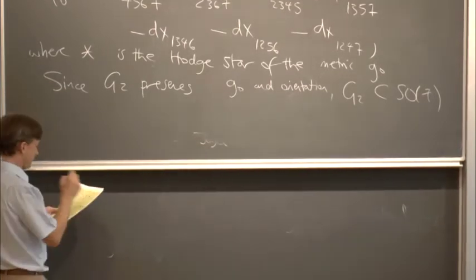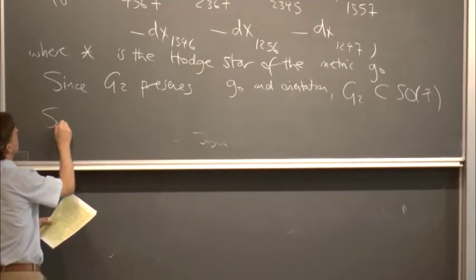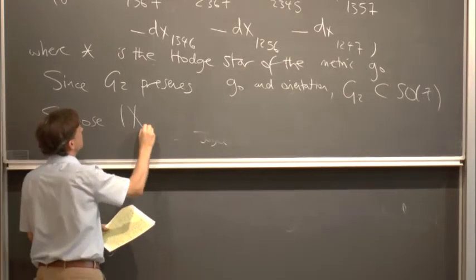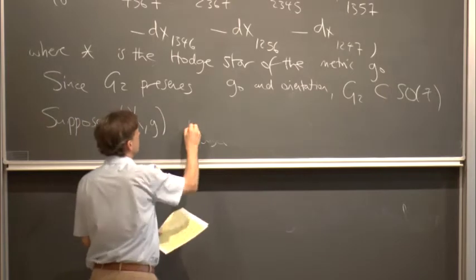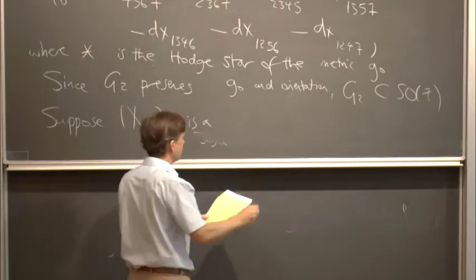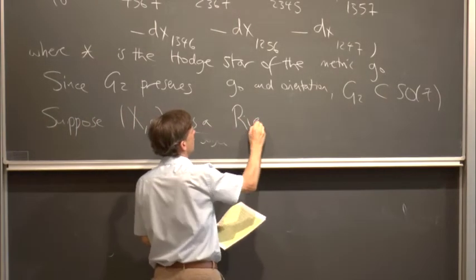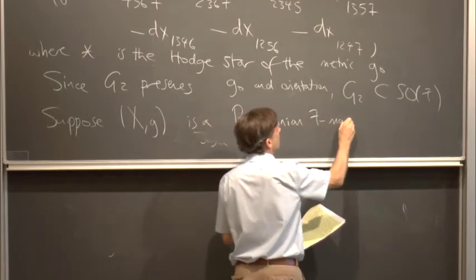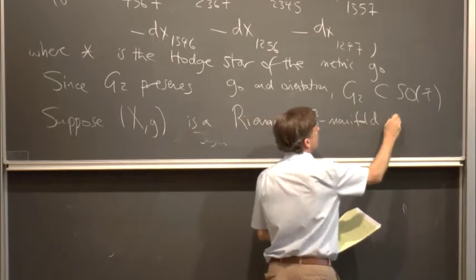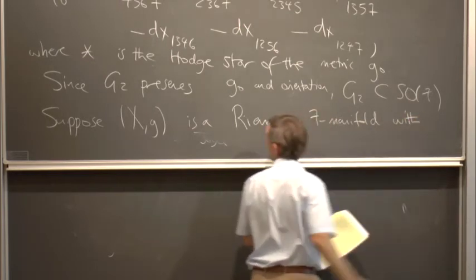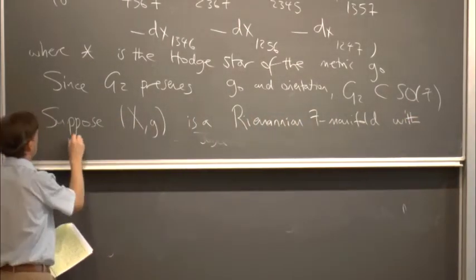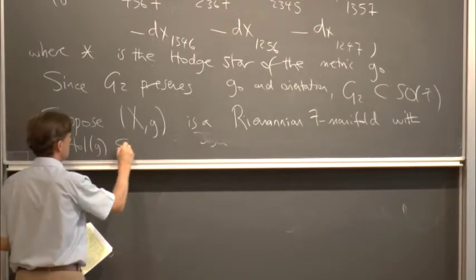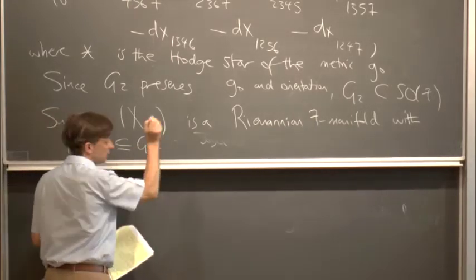So let's suppose that X, g is a Riemannian manifold with the holonomy group of g could be equal to G2, but actually being contained in G2 is enough.